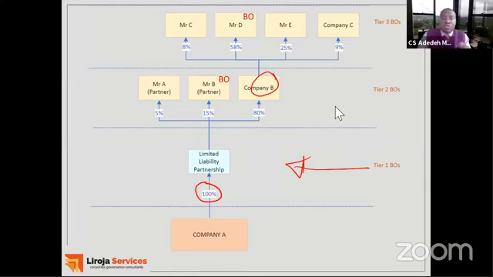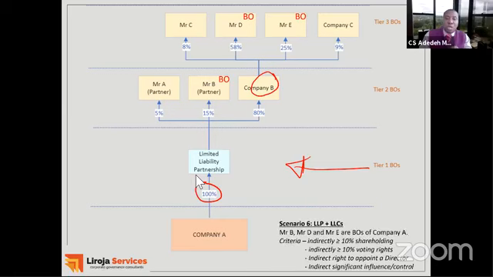Mr. D with 58% is above the 10%. So they are a beneficial owner of company B, and by extension, they are beneficial owners of company A, which is a subsidiary or a related entity of company B. Mr. E also meets our threshold, and the rest of the shareholders at tier 3 level do not.